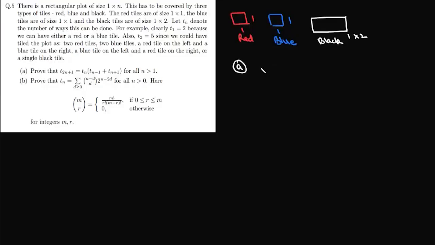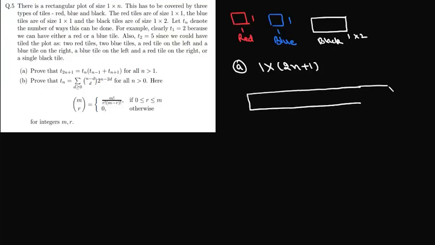For this first case, we have a plot of dimension 1 cross 2n plus 1. Now let us break it into tiles of 1 cross 1.